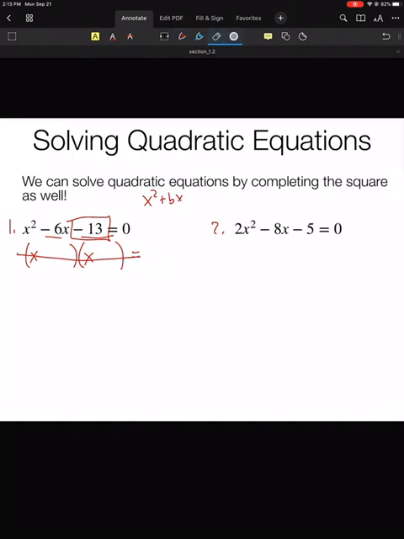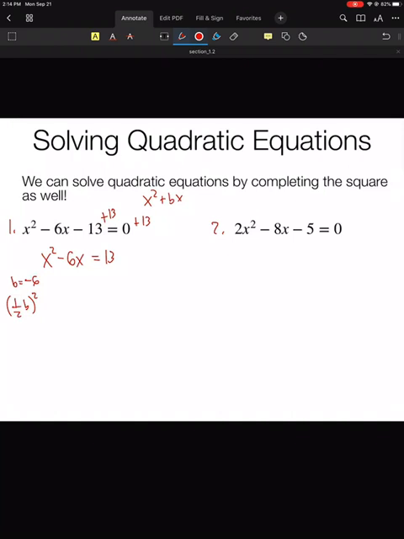So let's put the number without any x's in it on the right side. We get x squared minus 6x is now equal to 13. Great. Now let's complete the square on the left side. We need to find what b is, and it turns out that b is negative 6. Then compute (1/2 b) squared.